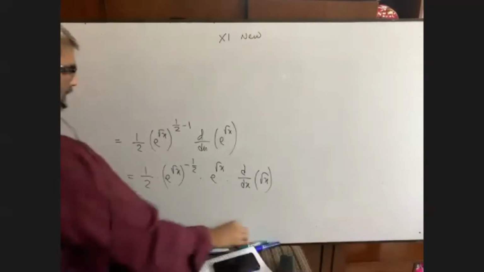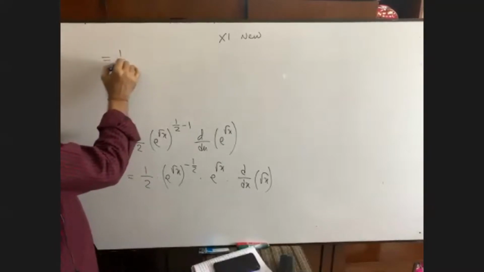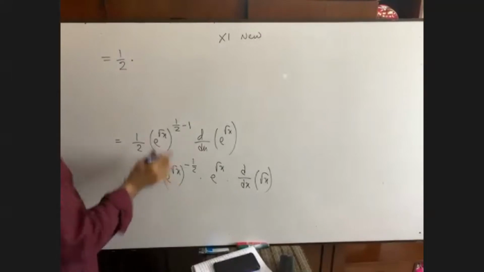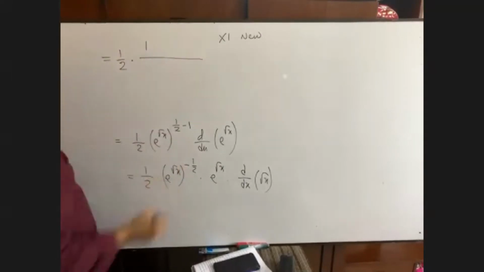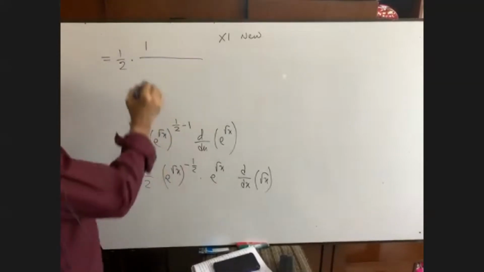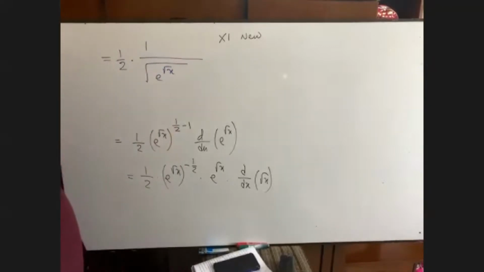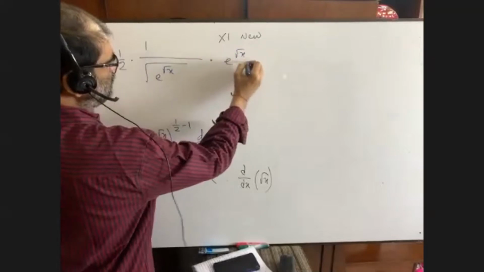That means here we are getting half into, it is in the denominator. So we can write here root over e to the power root x. It is e to the power root x.